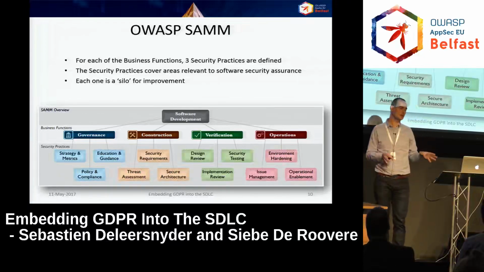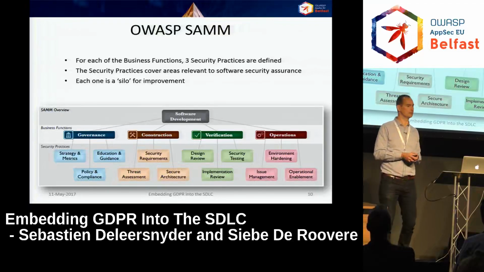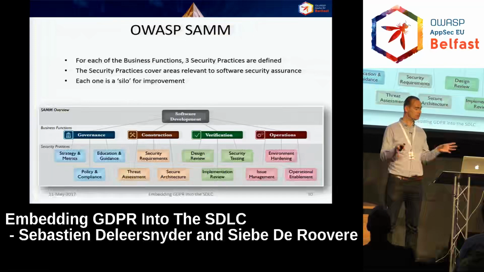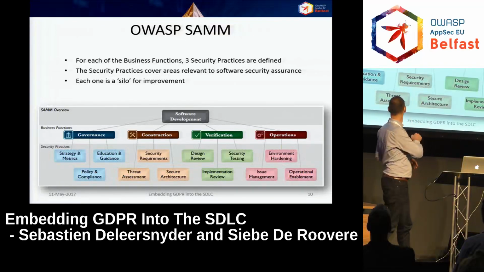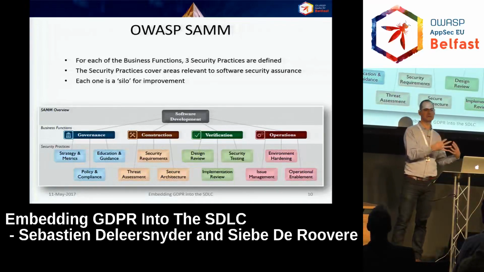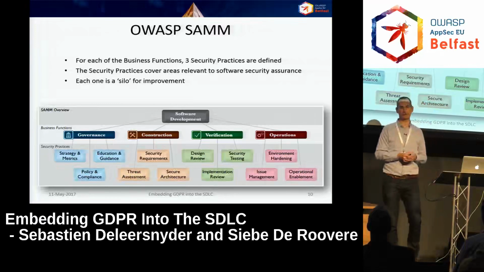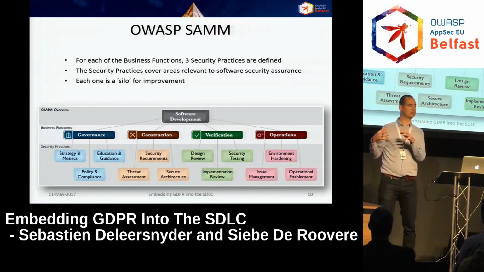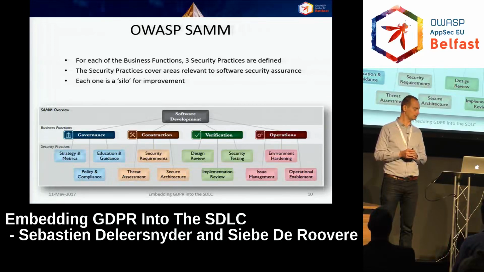It's one of the older and certainly a very mature projects, in the sense that it's used a lot by organizations to introduce software security activities in development lifecycles. It is built around 12 security practices, which we have here at the bottom, covering governance, governing building software, governing verification activities in the secure development lifecycle, and also covering operations aspects.